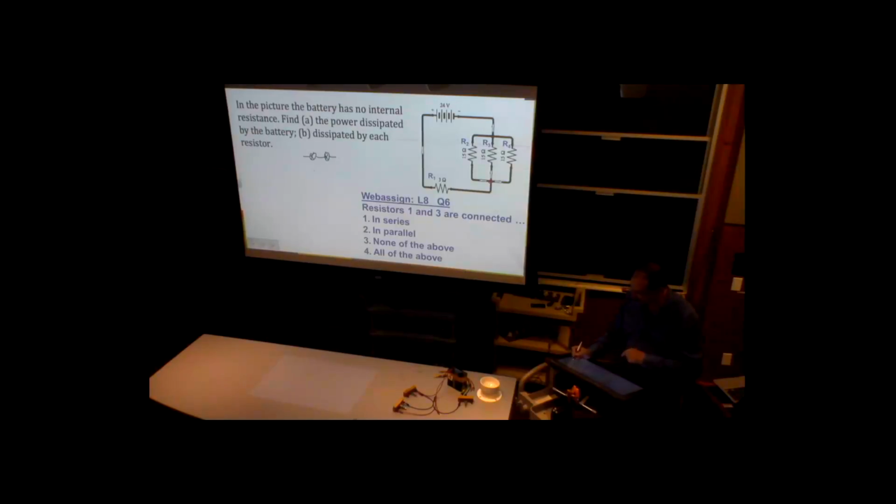The junction makes it not in series, and it's definitely not in parallel, so the answer is neither. There cannot be a junction for resistors connected in series. And I am serious. And since my pronunciation doesn't differentiate these words, you never know what I say.